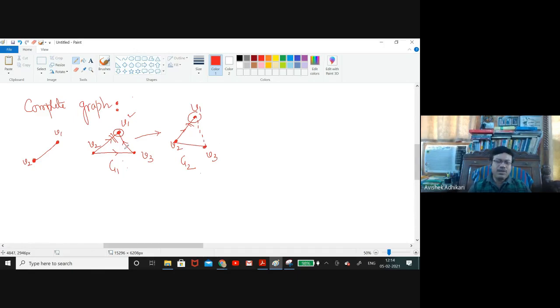But if I ask you the question, can you further increase the connectivity here, keeping in mind that I want a simple graph? Do you have any way to increase the connectivity here, in the sense I mentioned earlier? Is there any chance to increase the connectivity here, keeping in mind that whatever I get should also be a simple graph?